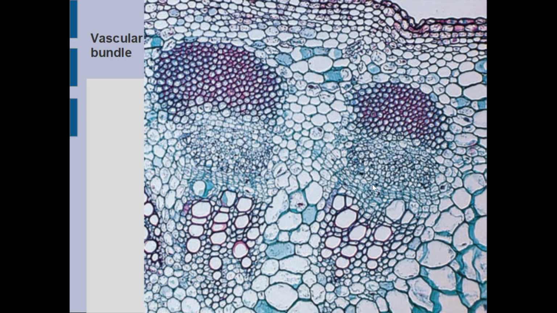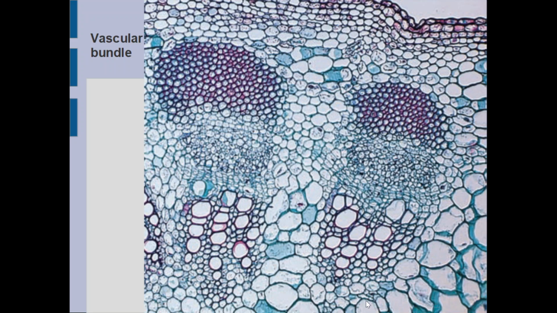And here we can also see a thin layer of the vascular cambium that will give growth to the vascular tissues, and these large cells are vessel elements. So this is a xylem, vessel elements.